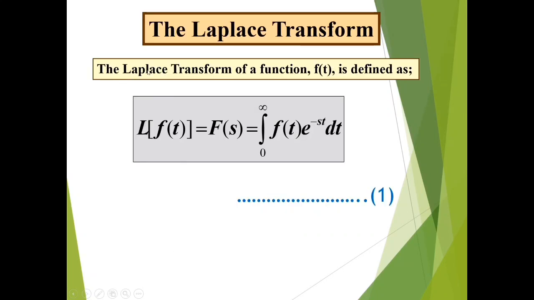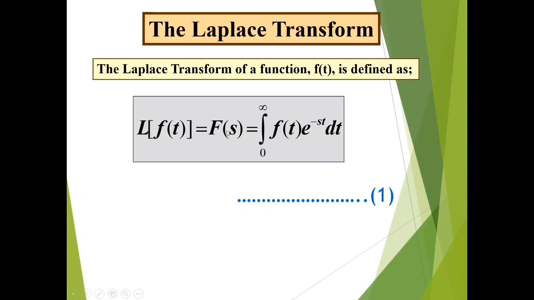Now, the formula to find Laplace transform. The Laplace transform of a function f of t, which is in time domain, is defined as L of f of t, that is Laplace transform of f of t is equal to F of s. So by this we denote the Laplace transformation of the time domain, which is now changed to S domain.